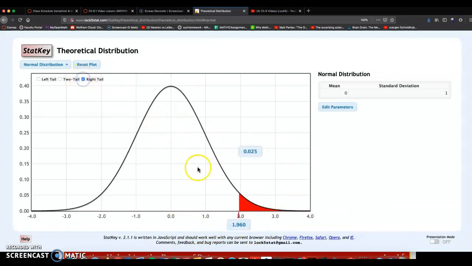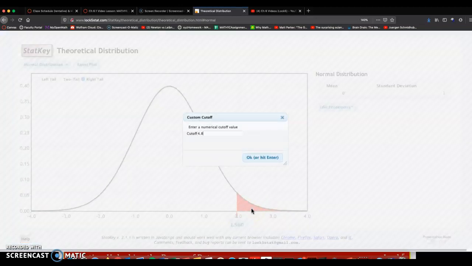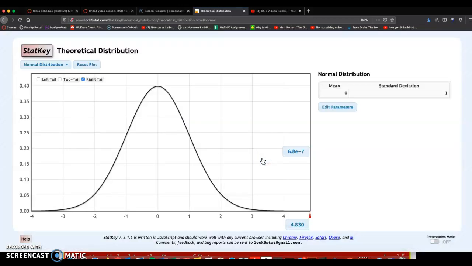So we're doing a right tail test. I'm going to change this entry down here to 4.83. Click OK. And we get something like this, 6.8e minus 7. That number is 0.0000068. So it's not exactly 0.